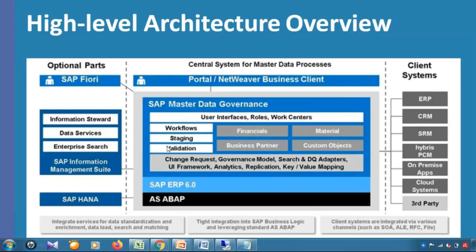Along with that you have everything you see chapter-wise, like data model, UI model, process model, replication, search and duplicate check, workflow, key mapping, value mapping, etc. With all those things, you process the data, prepare the data, and then send it to some target system.